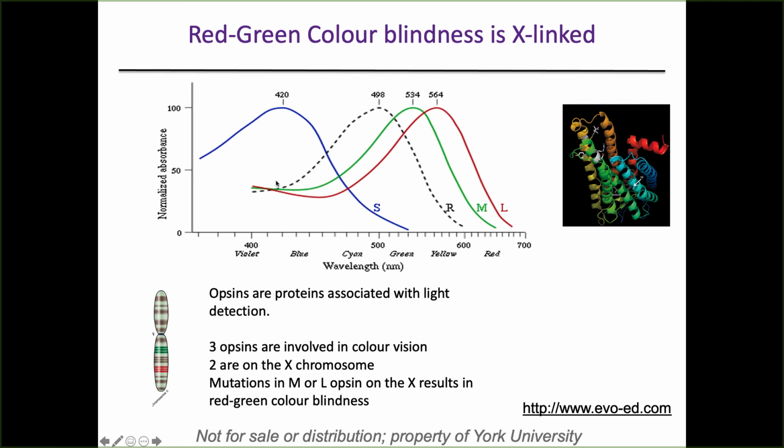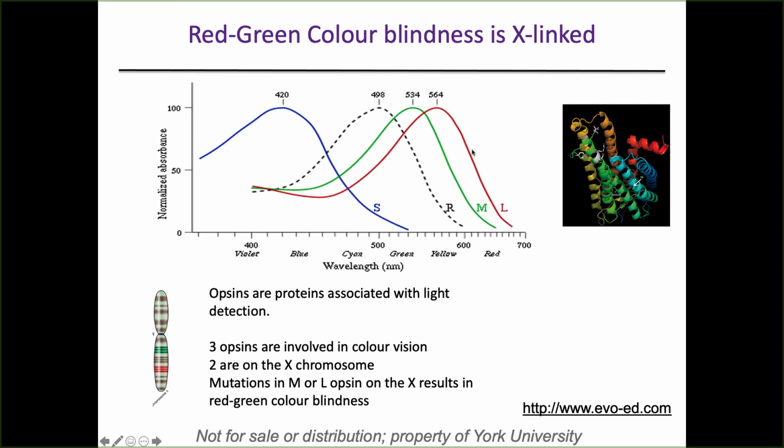There's an opsin in your rod cells which detect low-level light and is not able to detect or distinguish color. And the spectrum for that one is the broken line here. This is rhodopsin. The other three opsins are associated with detecting or absorbing different wavelengths of light.